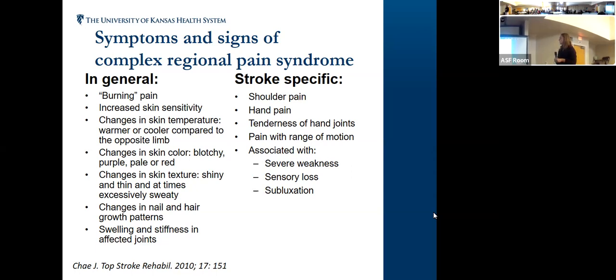In stroke survivors, those who have really severe weakness, like severe hemiplegia and numbness or sensory loss, and maybe even shoulder issues, tend to be at a higher risk of getting this. So these are the people that I look out for and have a higher index of suspicion that they might have this.